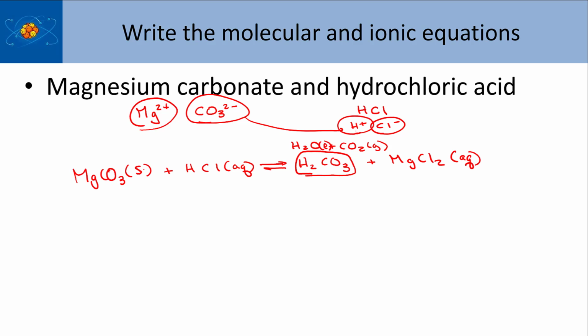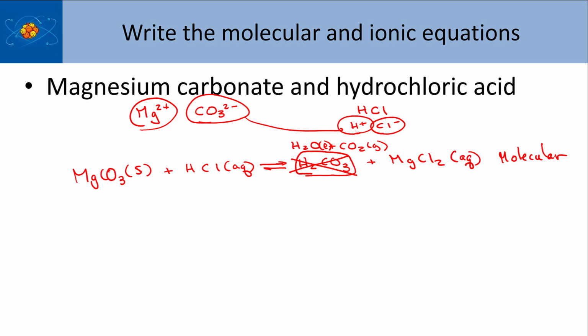And chlorides are generally soluble, so I knew that one already, so I went ahead and put that one in there. I knew magnesium wasn't an exception to that. So now I have my molecular equation. That is, we're crossing this out, and we're sticking with H2O and CO2 gas.